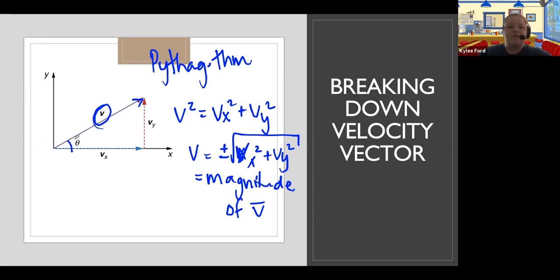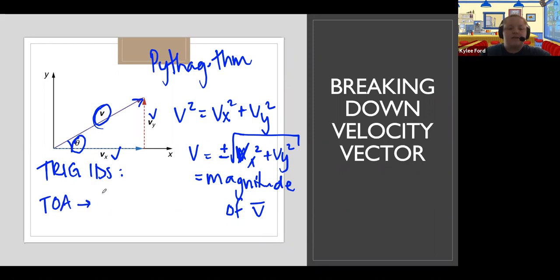Now, what if I wanted to know this angle here? That will be using trig. So we can use our trig identities to do this. And again, say I know this guy and I know this guy. I can solve for my theta. So I'm going to say I know my opposite and I know my adjacent, and so that's going to be TOA in the SOHCAHTOA.